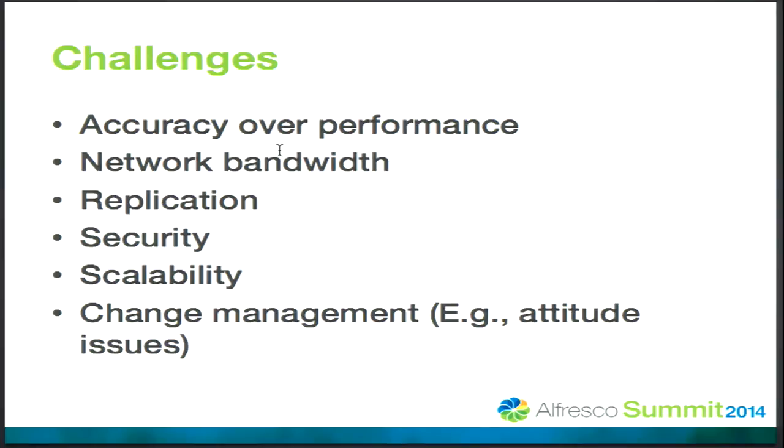So we need to scale the computation of the algorithms to gain better performance. And change management: whenever you say we are going to automate this, some people might have job security concerns, and some people are not ready to accept different things.